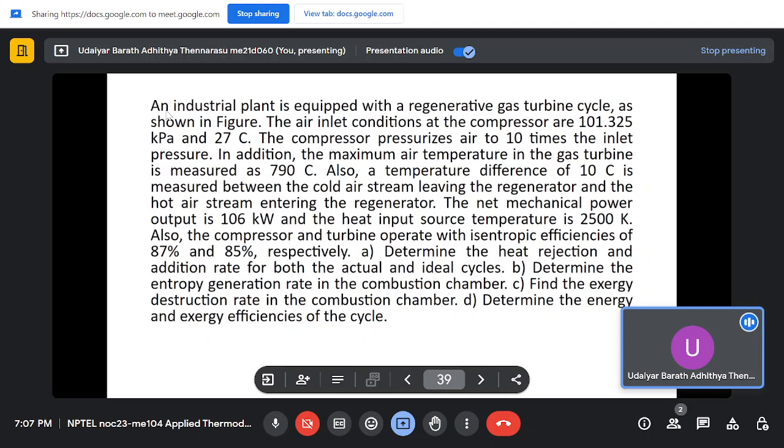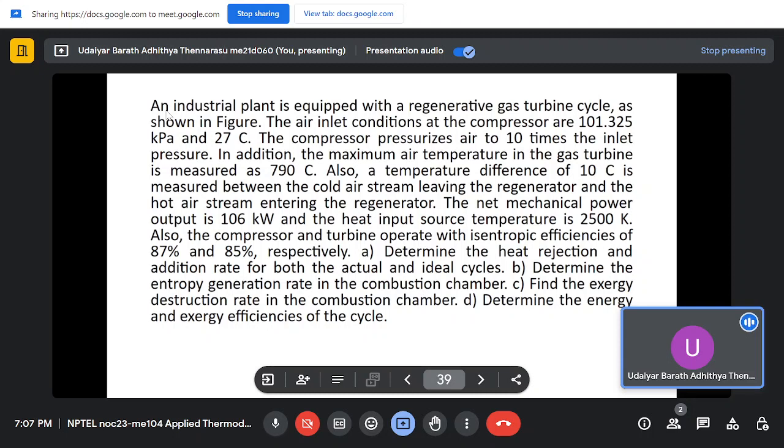So okay, moving on, the next problem is: an industrial plant is equipped with a regenerative gas turbine cycle as shown in the figure. The air inlet conditions at the compressor are 101.325 kilopascal and 27 degrees Celsius.